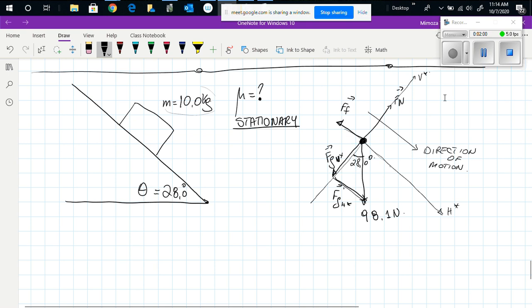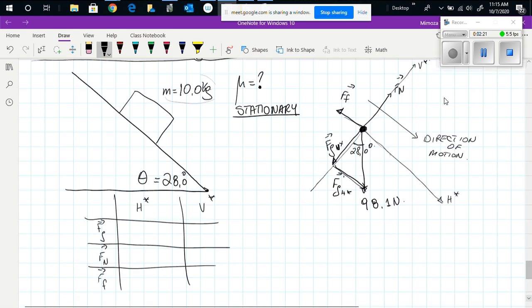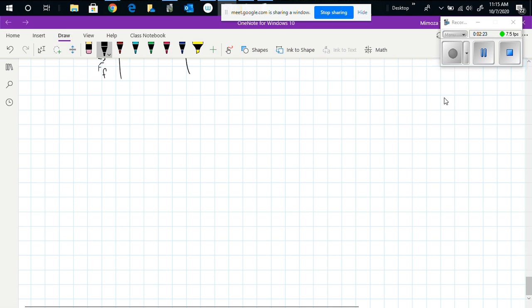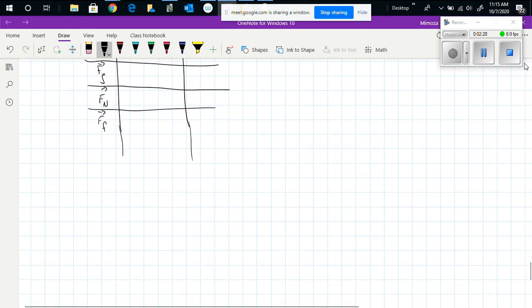Now if we construct the table of components with the new horizontal and vertical axes, then we will have force of gravity, force normal, force of friction, and then at the end is force net.